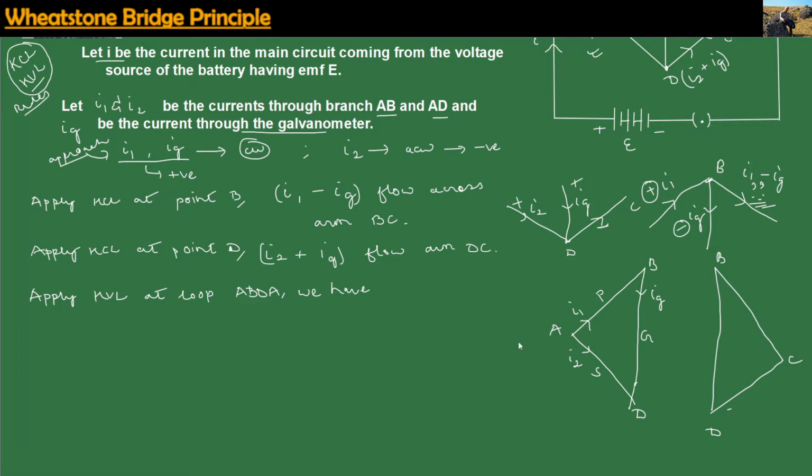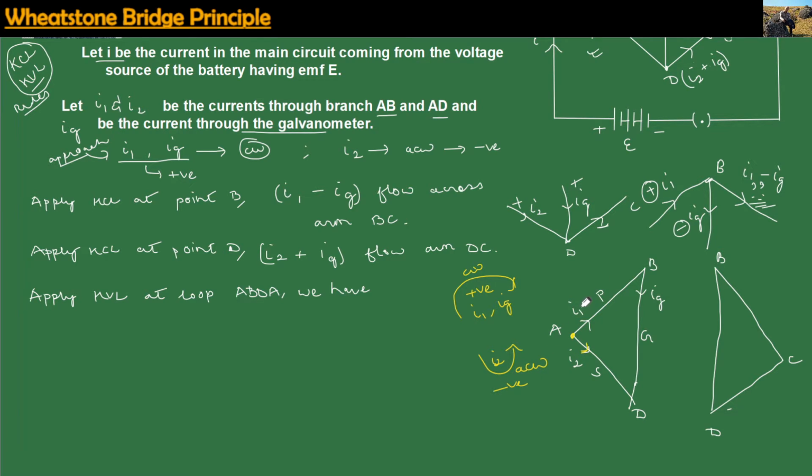Those conventions remind us that the clockwise rotation of the current is taken as positive. If I take junction A as our point, I1 will be positive, and IG also will be positive. With respect to point A, I2 will be moving in the anti-clockwise rotation.